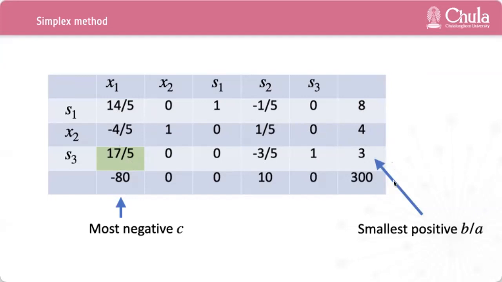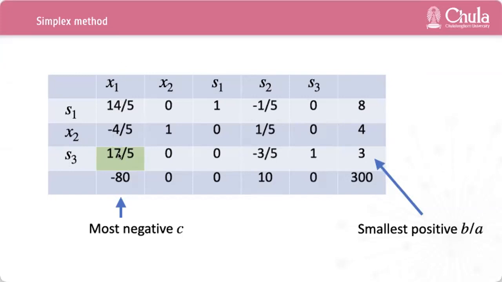You see that it's clear that S3 must be removed from the basic variables. So for the next round, we will introduce x1 as our basic variable, and we remove S3. So S3 becomes x1, right?